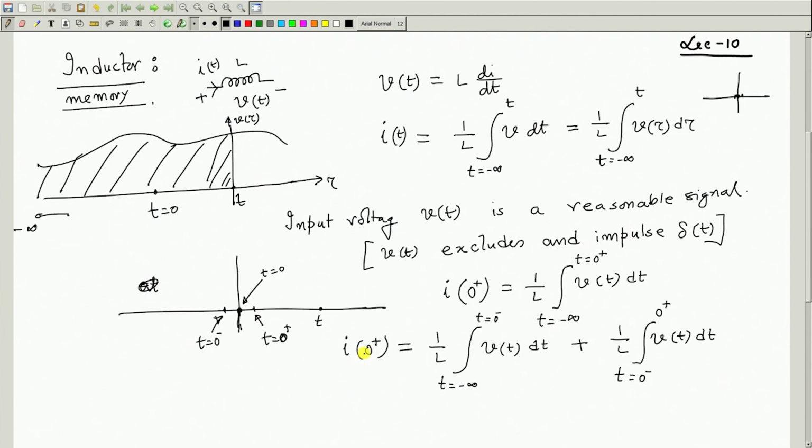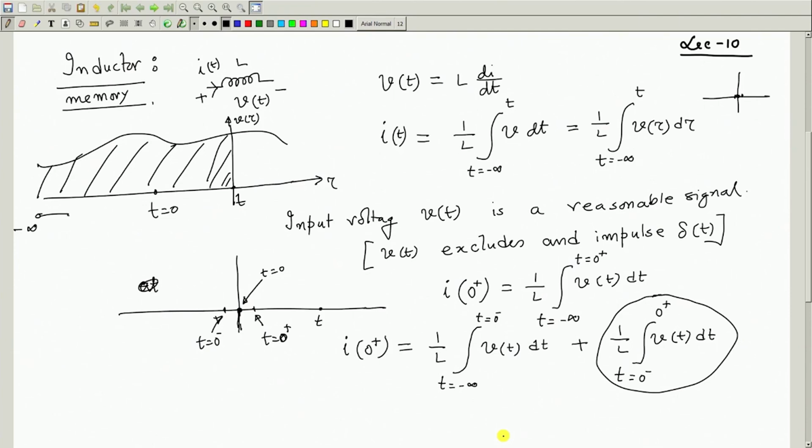Okay. Now, as I told you, our voltage signal is a reasonable signal, not an impulse. What an impulse is, we will discuss later. Therefore, let us ask ourselves, what will be the result of this integration? The result of this integration has to be 0.